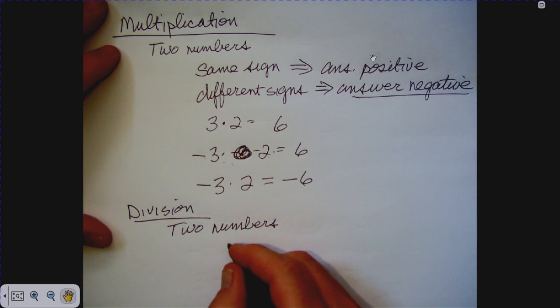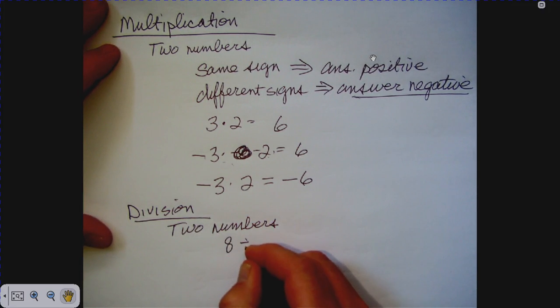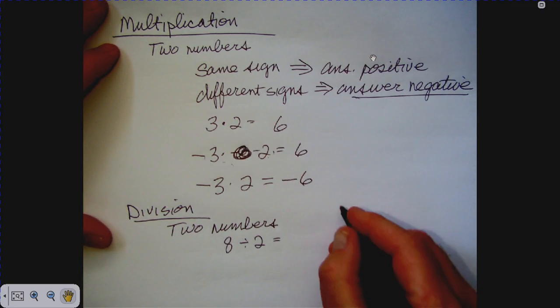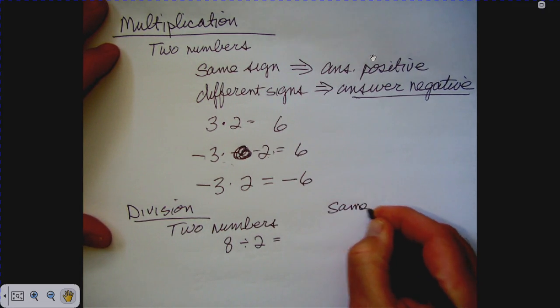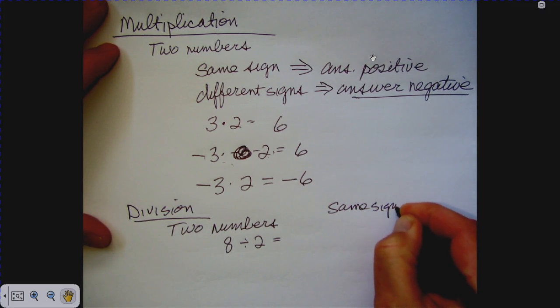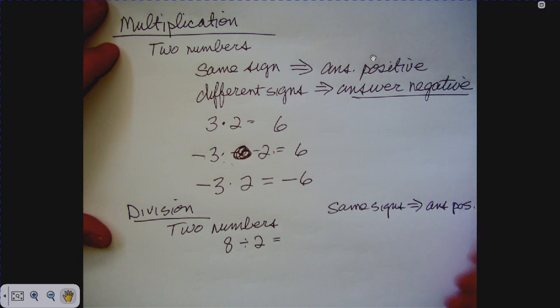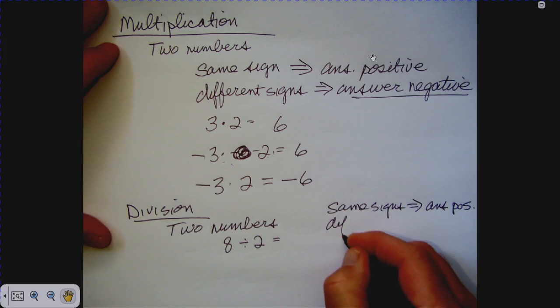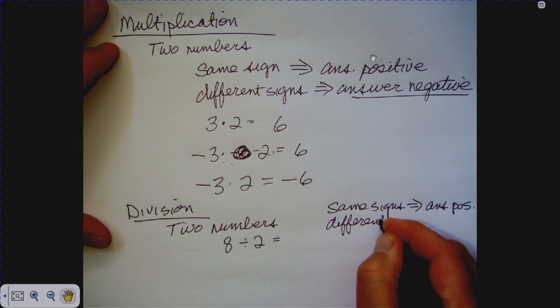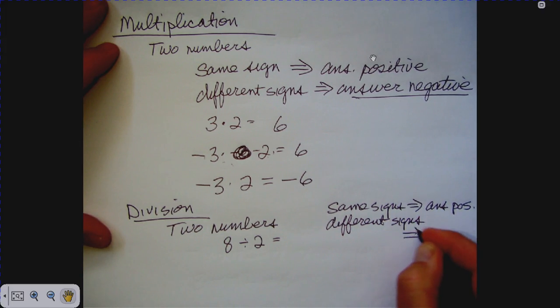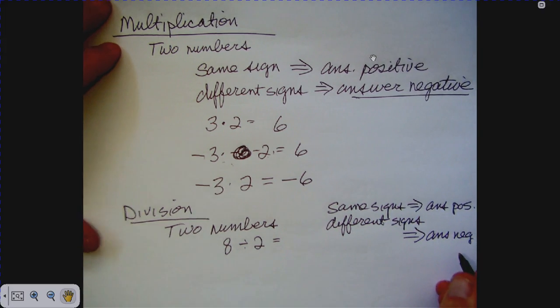If I have, let's say, 8 divided by 2, again the rule's the same: same signs, the answer is positive, and different signs, the answer is negative.